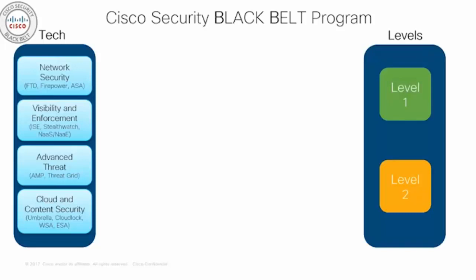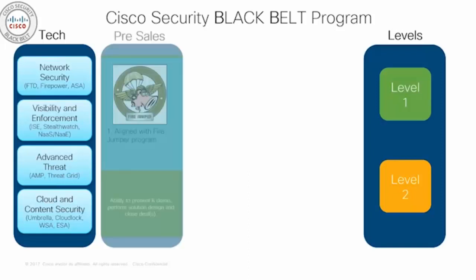In this program, there will be 2 levels as of now, and we'll get into each level shortly. The pre-sales part is taken care of by the FireJumper program. If you are not familiar with it, just go through our website and search for security solutions, and you should be able to find it.